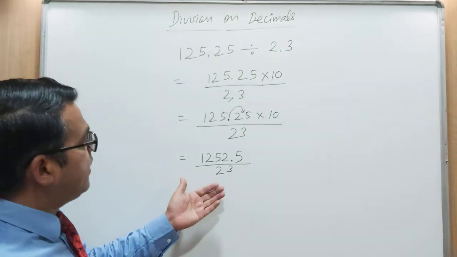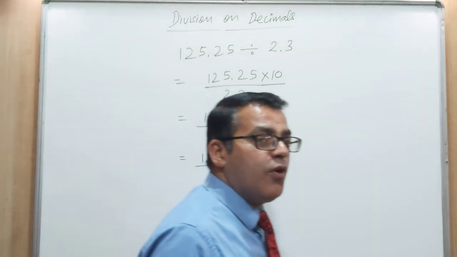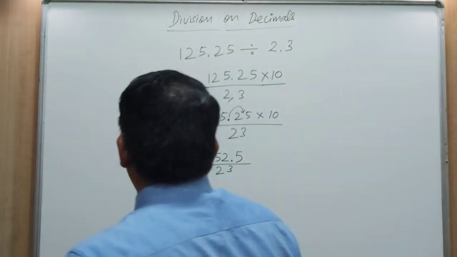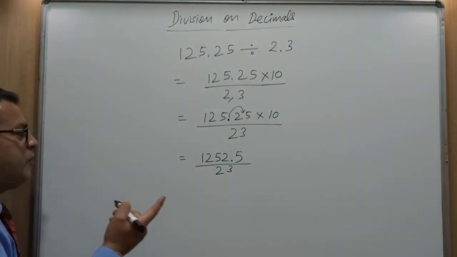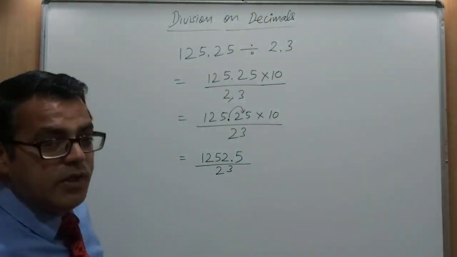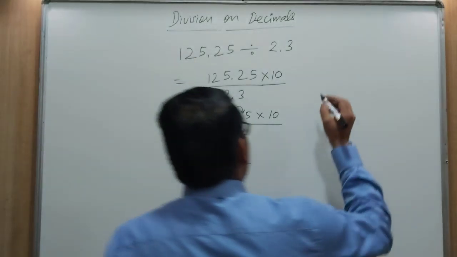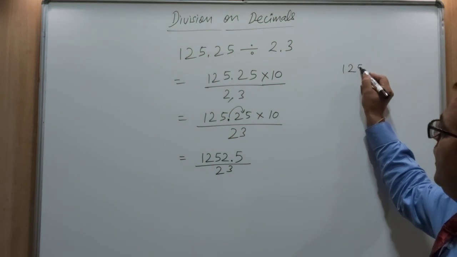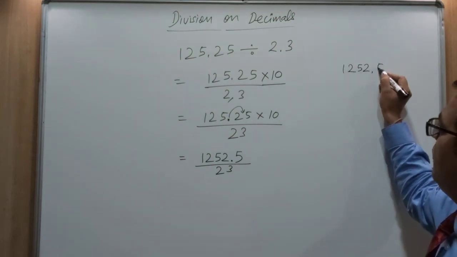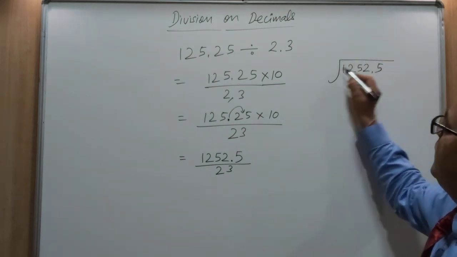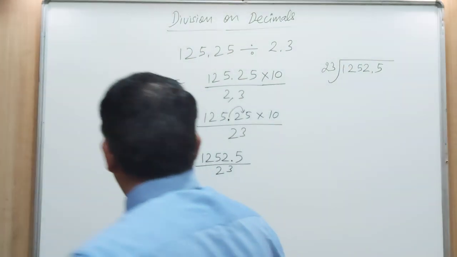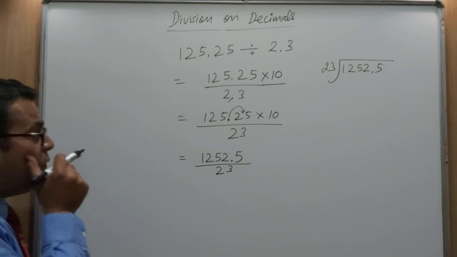Now you can see the divisor is free from the decimal point, so we can easily divide 1252.5 by 23. So let's divide now. How can we divide it? Right here, 1252.5 divided by 23.